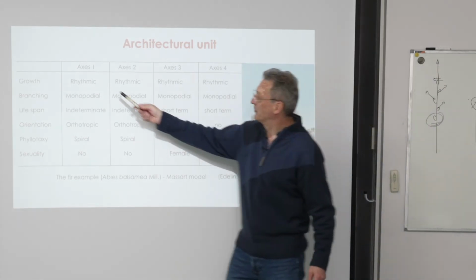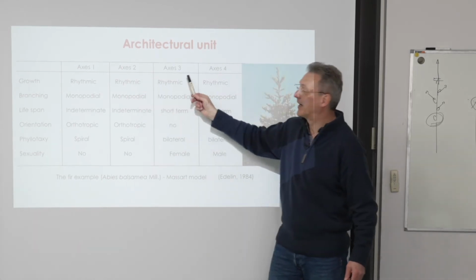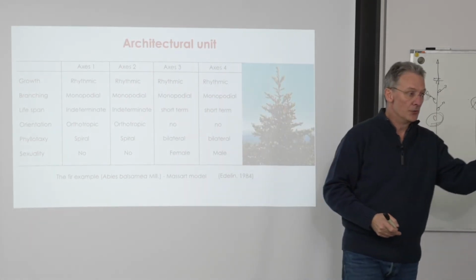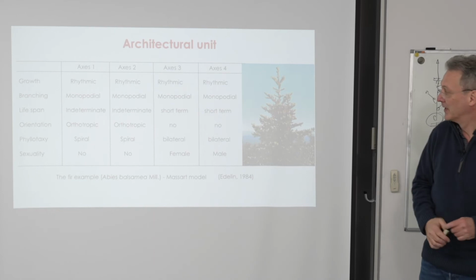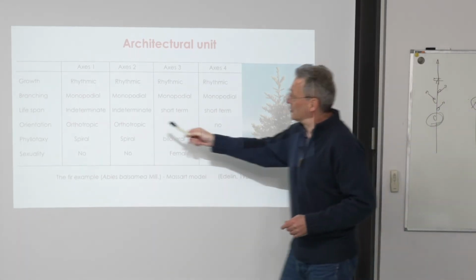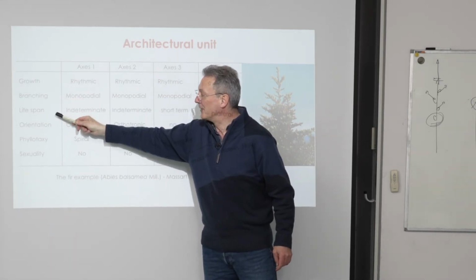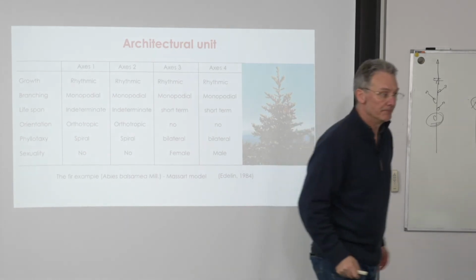So he was able to fill a table like this, where you have the different types of axes of order 1, 2, 3, at the different order of branching, and then trying to figure out how it would be for the growth, for the branching, for the lifespan, orientation, phyllotaxis, etc.